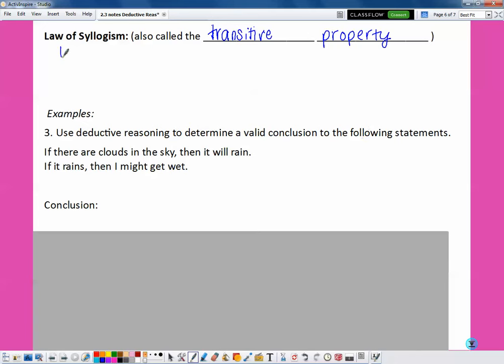The law of syllogism uses multiple facts to make a conclusion.